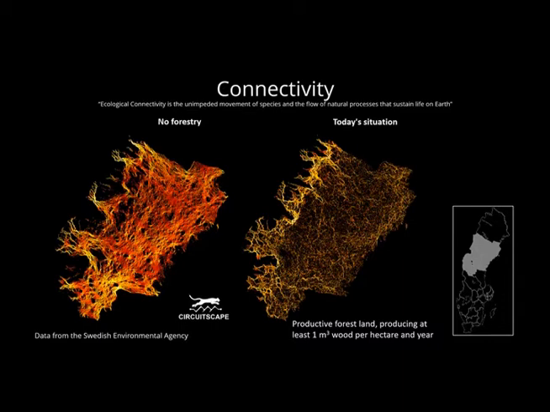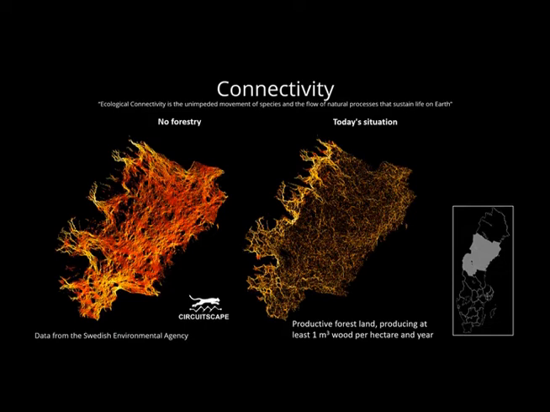So to the left here is a map that depicts the general, species non-specific connectivity. So it's not any specific species or with a specific range or anything. It's just the general current of species and resources and green infrastructure in the landscape.